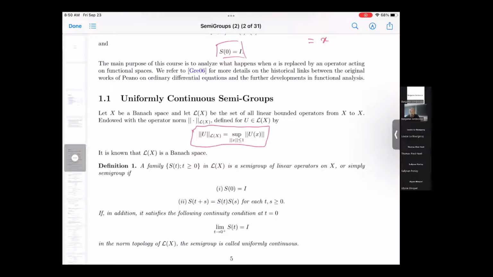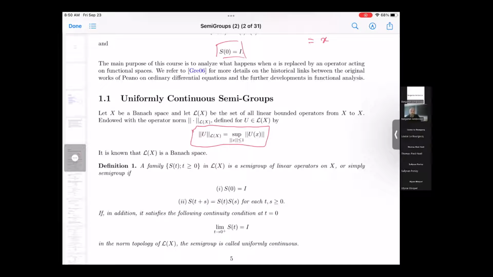S at time 0 is the identity, and S of t plus s equals S of t applied to S of s. So this is the definition of a semigroup.